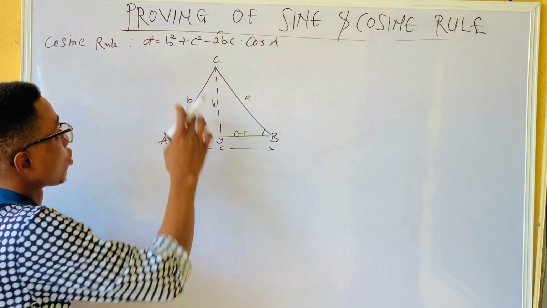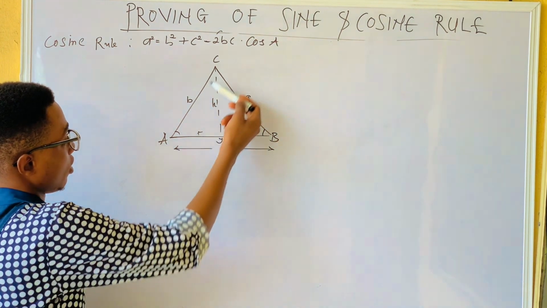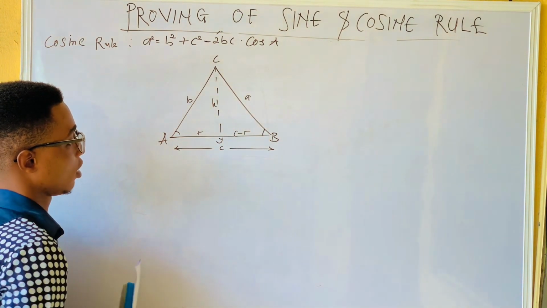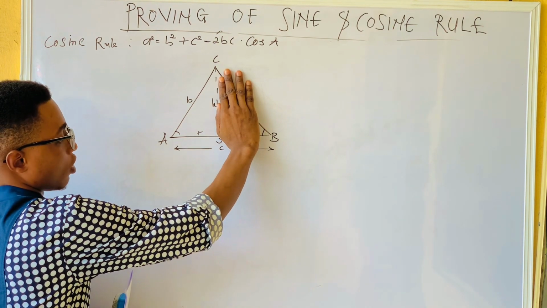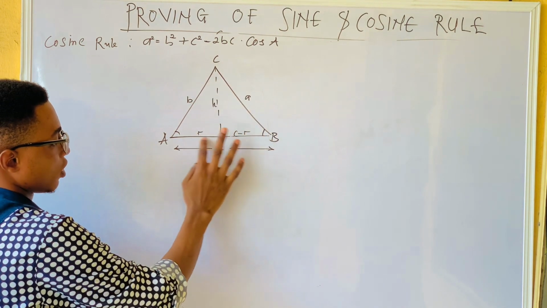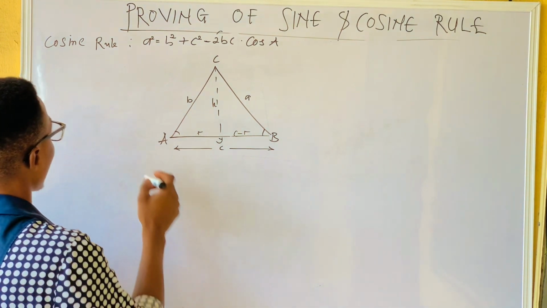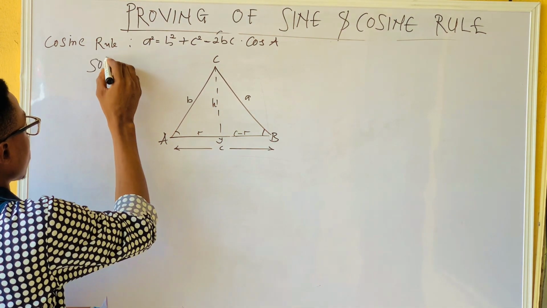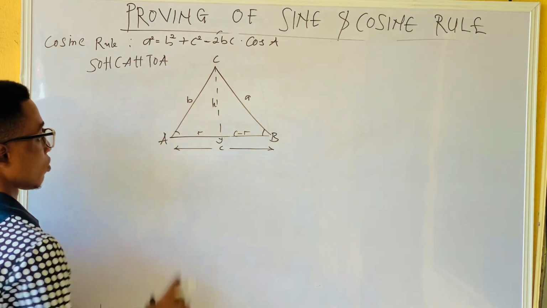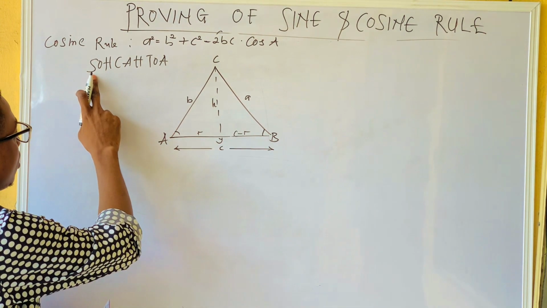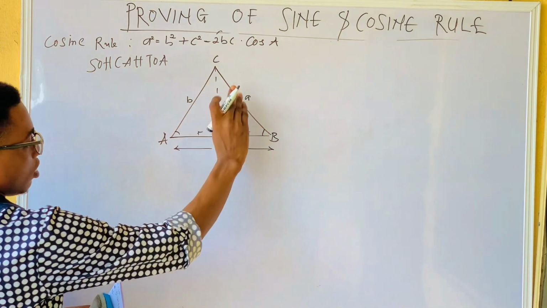For us to prove this rule, we need to consider angle ACY. Let's forget about the other part of the triangle for now. We're talking about this part of the triangle. Now, I believe that we are familiar with what we call SOHCAHTOA. Sine A will be equal to opposite over hypotenuse.